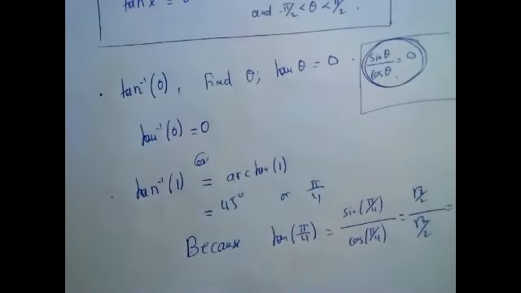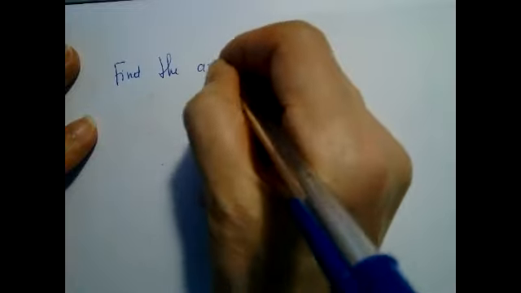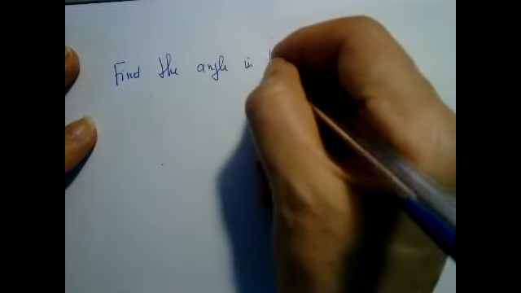Now, the same way we solved problems involving sine and cosine, we're gonna solve problems involving the tangent. So suppose I give you the following problem. Find the angle, and this time I'm gonna restrict my scenario. Find the angle in the first quadrant.